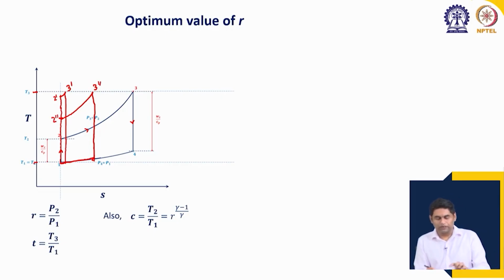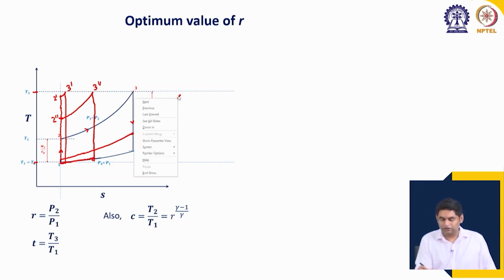Now we have a larger area, but still less than the original area. If we keep on decreasing the compressor pressure ratio, on the other limiting side, what we will get is a very thin flat structure, somewhat like this.